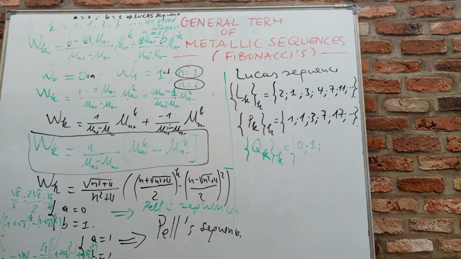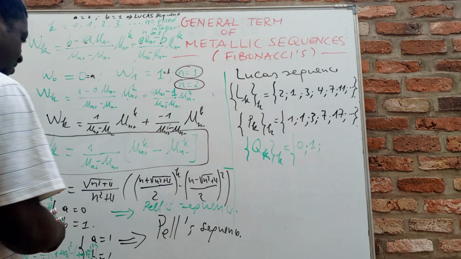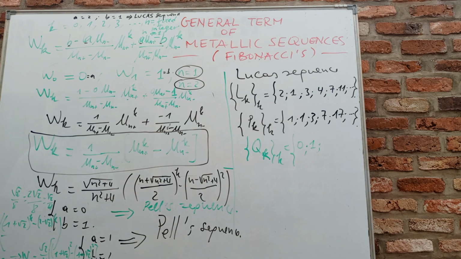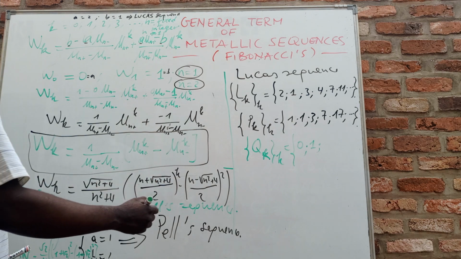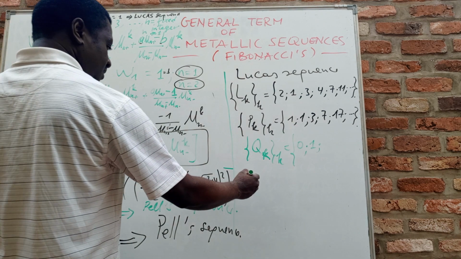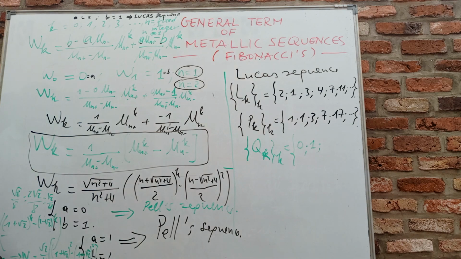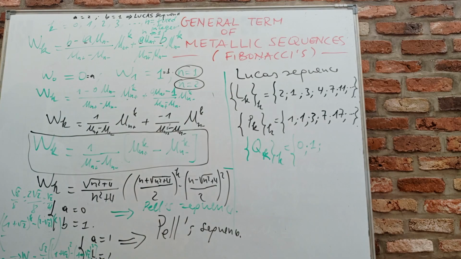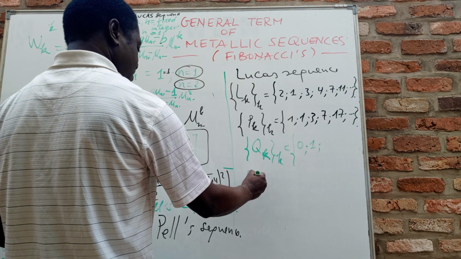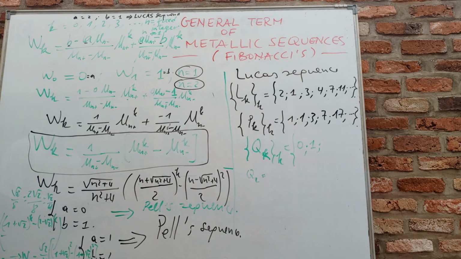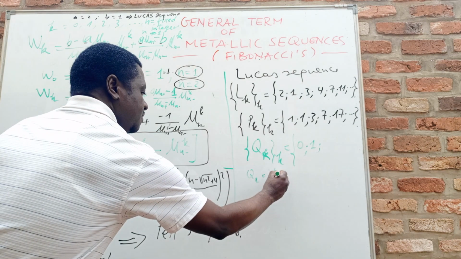Okay, so in this case, this becomes q_k, so that one is the same as q_k, q2. So q2 here as a general term is going to be square root 2 over 4.